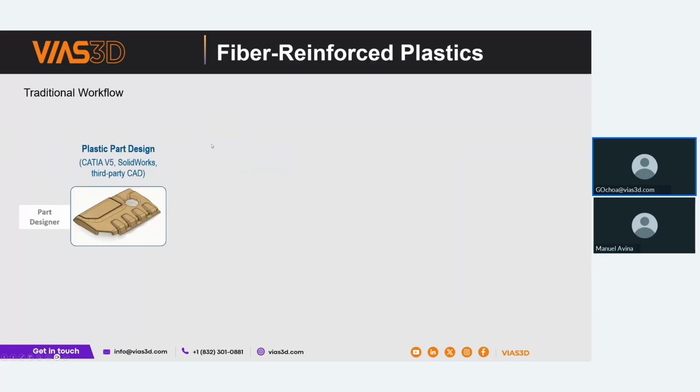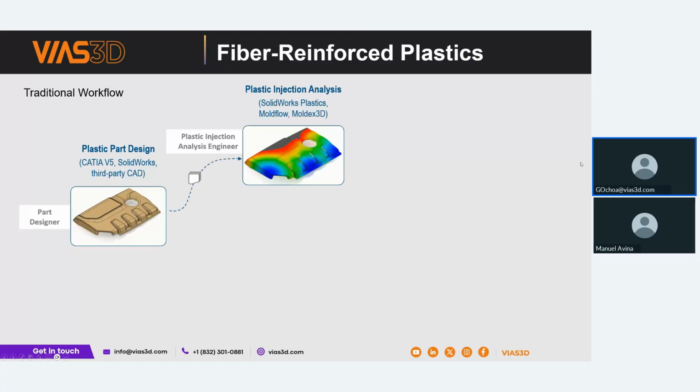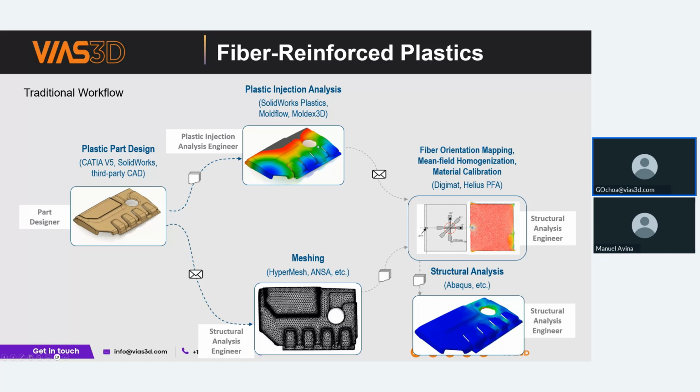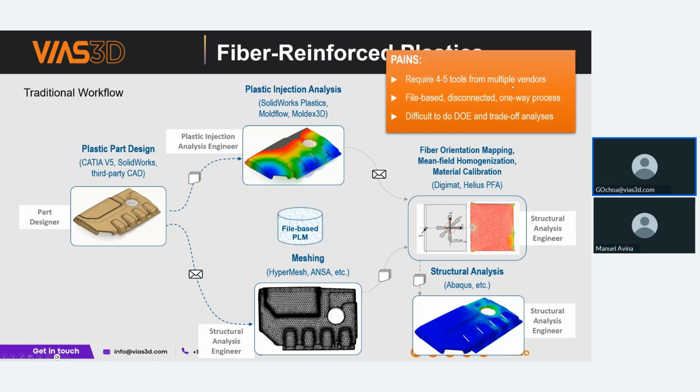So with all that said, I was just focusing on explaining the fiber orientation capabilities in this workflow. But if we talk again about the traditional workflow, we have a CAD design, right?